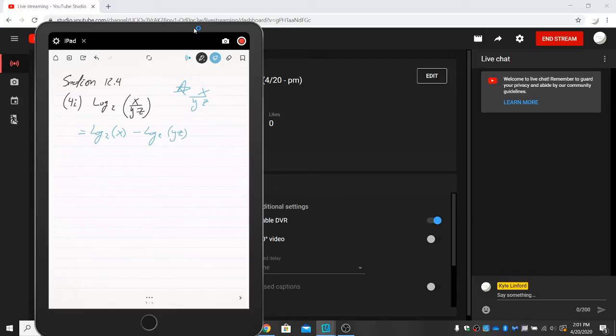This was the quotient property, and it connects back to our work in integer exponents, I'll say. If you remember the division of like bases property, we had something like x to the n power divided by x to the m power was x to the n minus m power.